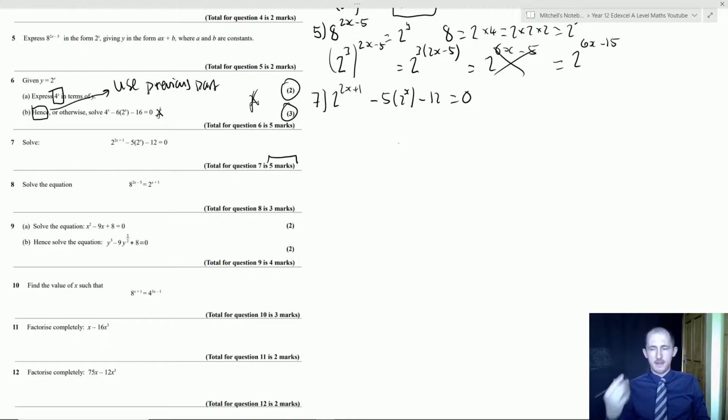So imagine if you just walked into an exam and this question came up. Using your knowledge from question 6, would you be able to do this? Follow the same steps. What we need to do is substitute in something for 2 to the power of x. I'm going to use y, but I need to be able to write this in terms of y.